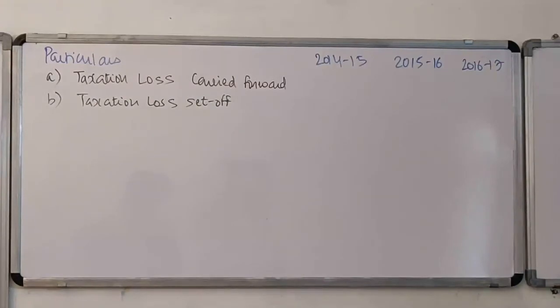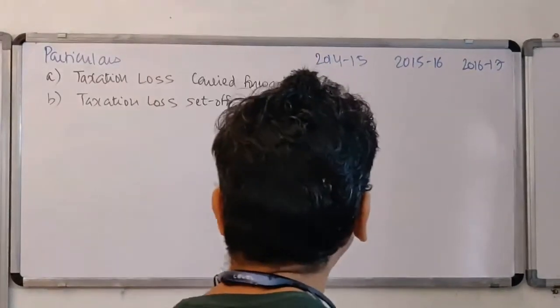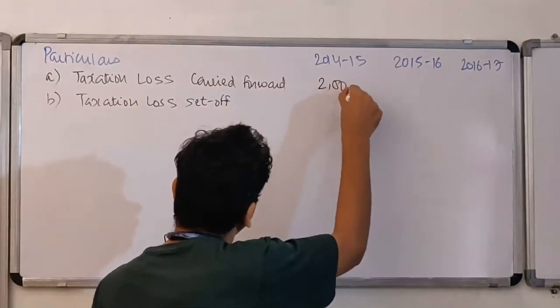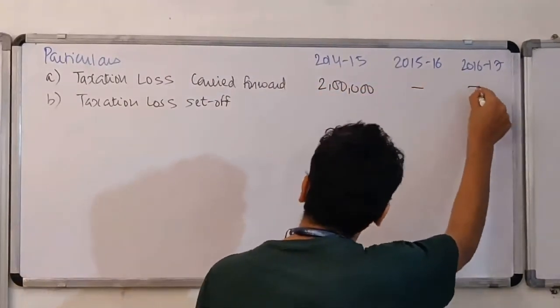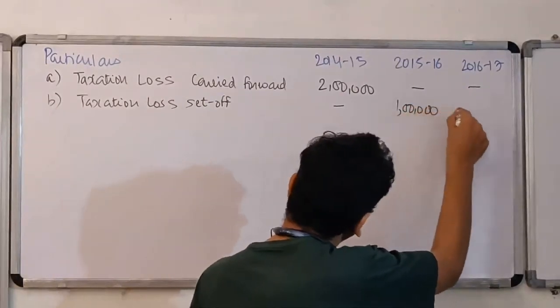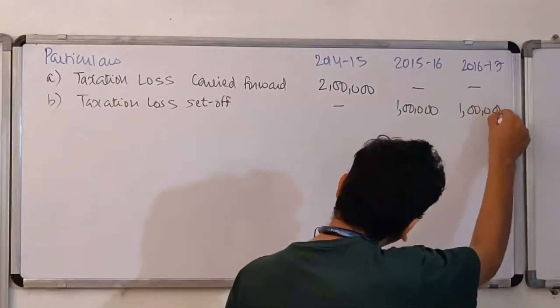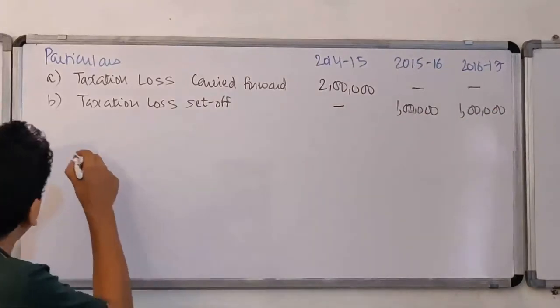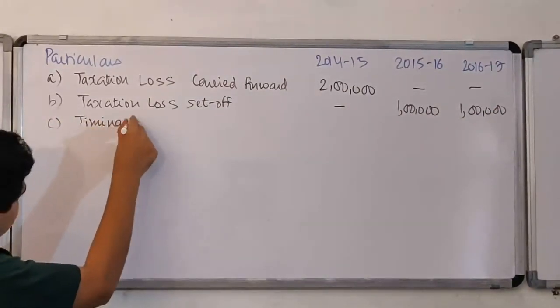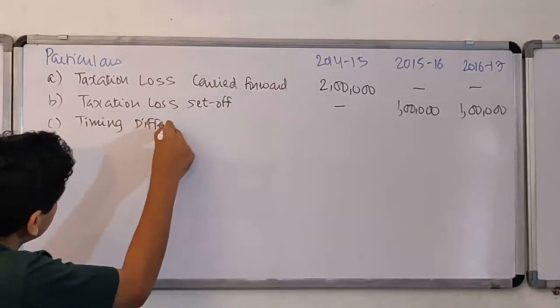So we know that taxation loss carried forward is 2 lakhs. And the taxation loss set off is 1 lakh in each of the years. This will give you timing difference.